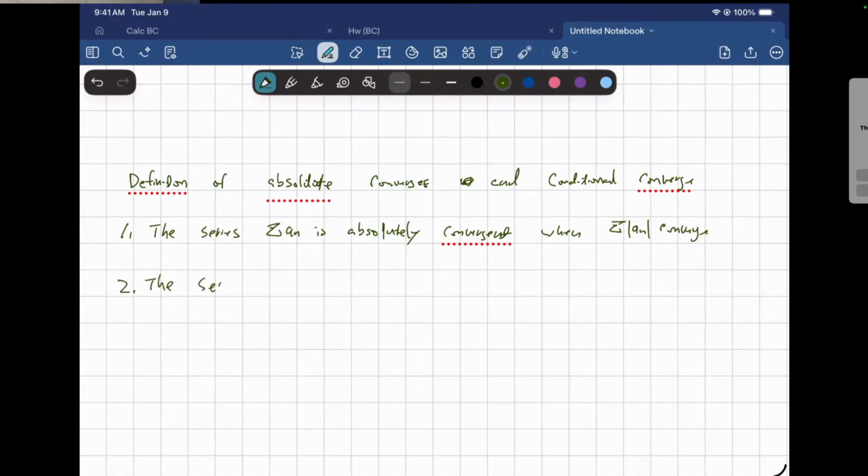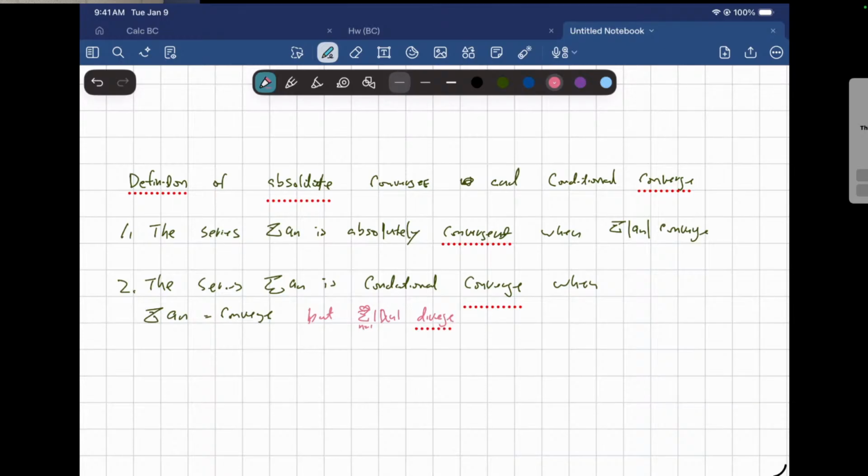So the series summation of a to the n is conditionally convergent when two things happen: when the summation of a to the n converges, but the summation of the absolute value of a to the n diverges.